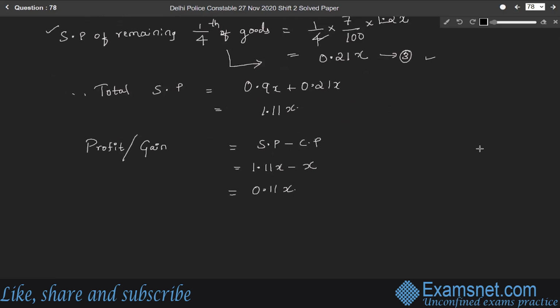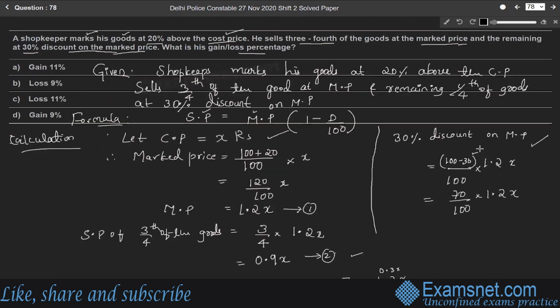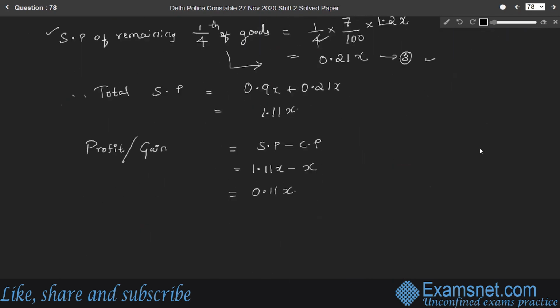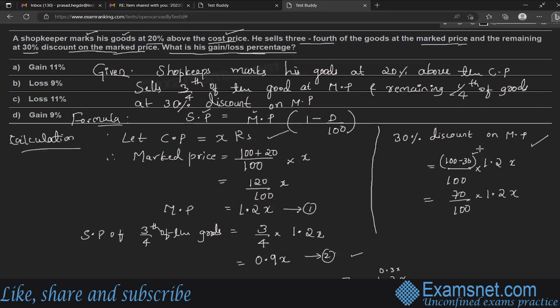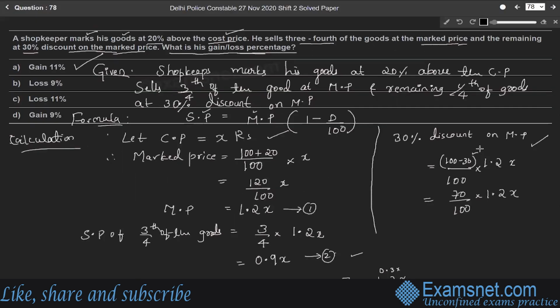Understood? Now our last step is what is asked in the question: what is gain or loss percentage? Therefore, gain percentage: for X cost price, 0.11X is the gain. Therefore, if 100 is the cost price, gain percentage is 11%. Therefore, the answer is gain 11%.